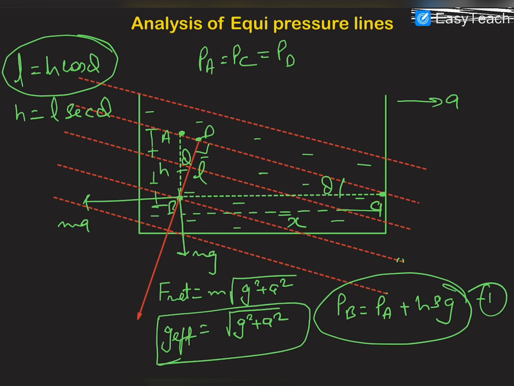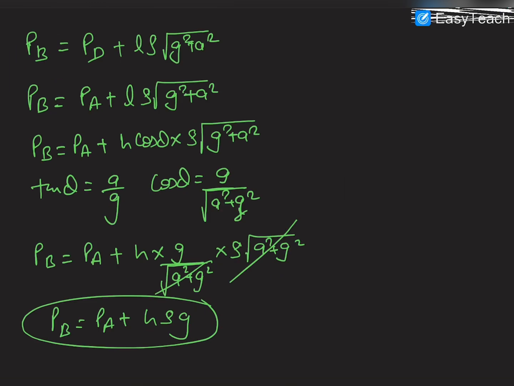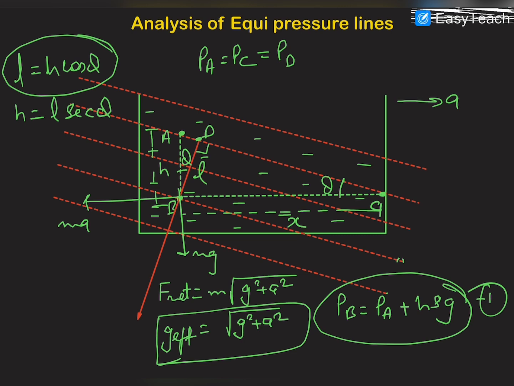So we can say that as the container is moving in the forward direction, in the frame of the liquid, a pseudo force will be acting on the liquid in the backward direction, which is Ma. So pressure at B will be greater than pressure at C. So we can write down that pressure at B will be equal to pressure at C plus x, which is the distance between C and B, and rho into acceleration, which should be a, because the acceleration in the x-axis is a.